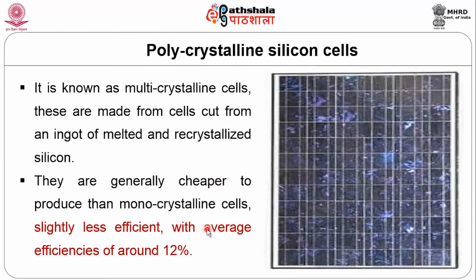They are generally cheaper to produce than monocrystalline solar cells and slightly less efficient, with average efficiencies of around 12%. Polycrystalline or multicrystalline solar cells are commercialized nowadays because they are cheaper than monocrystalline solar cells.